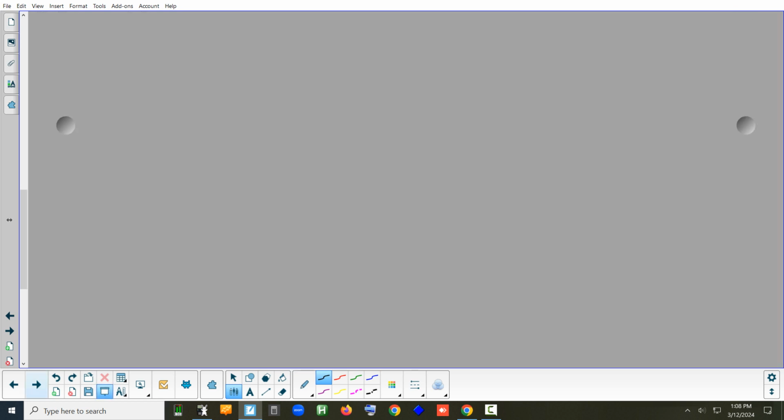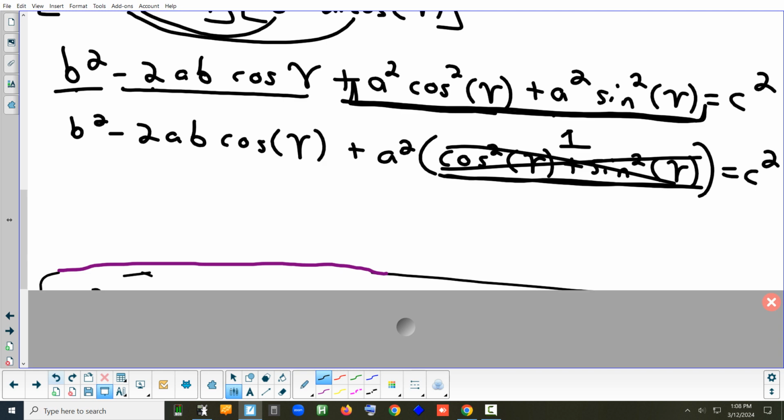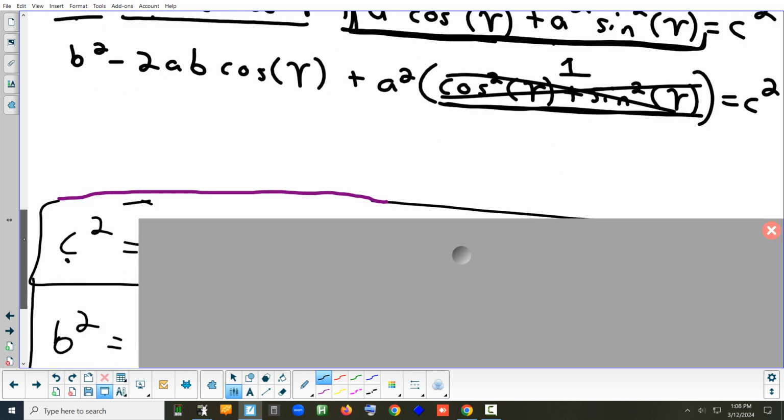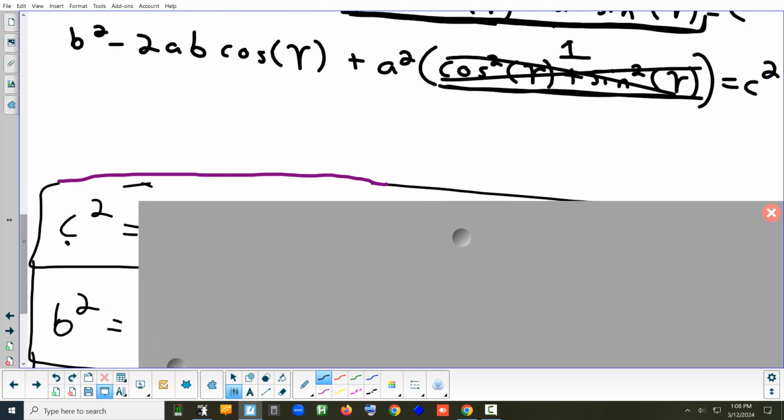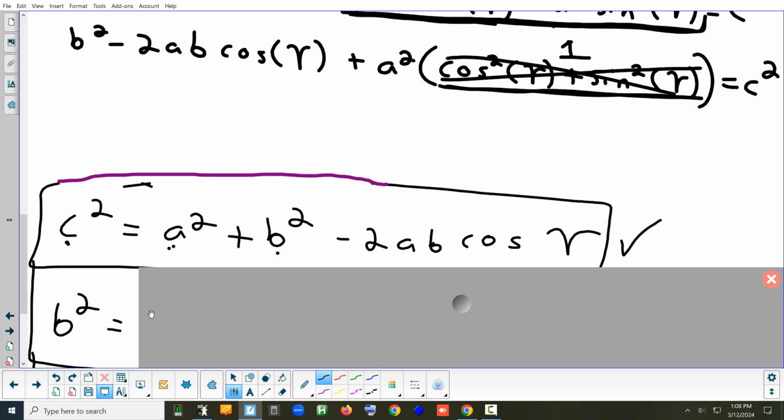In a minute, we're going to write the same formula, but instead of starting with c squared, we're going to start with b squared. So c squared, a squared plus b squared, minus twice the product of the two letters you just wrote down right before it. And then the last part is always the cosine of the angle across from the letter you started with. That's the pattern.